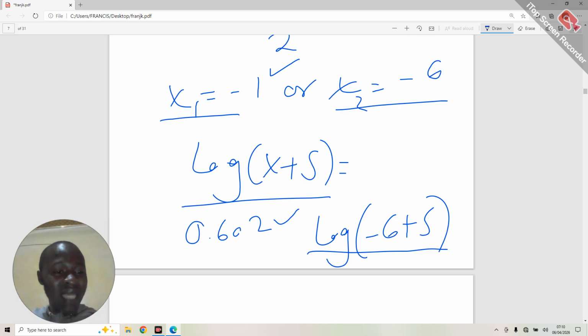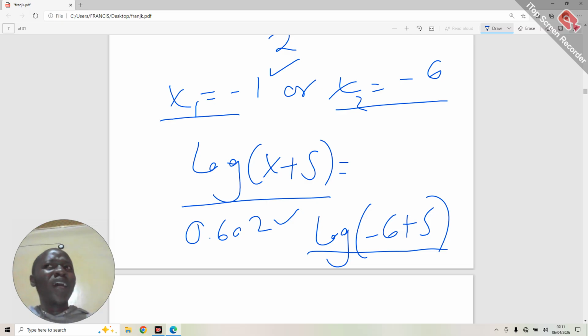What should that tell you? There are no negative logs. Logs are only workable when they are positive.